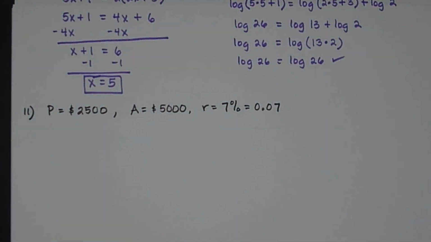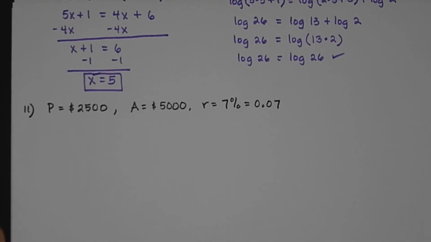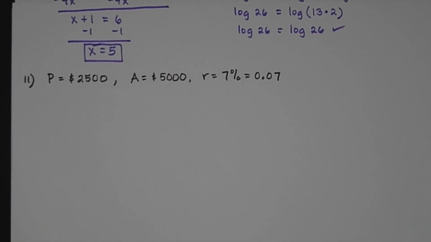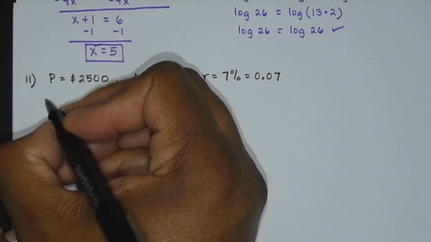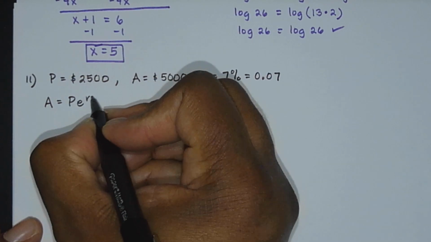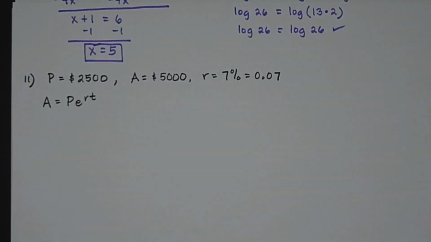And we are told that the interest is compounded continuously. So that means we have to use that compound interest formula that has the natural base e in it, which is in this case, A is equal to P times e to the rt. A is equal to P times e to the rt.